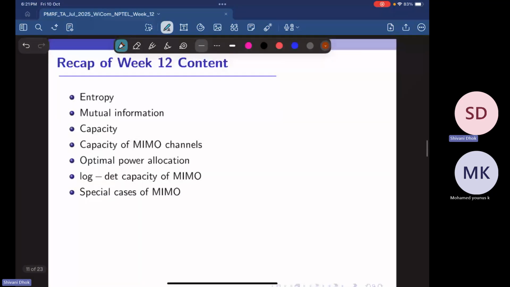But before discussing capacity, we looked at the basic concepts of information theory, which are entropy, mutual information, and capacity. For entropy, the basic definition that we looked at was for the discrete case: if x is a discrete random variable with a finite alphabet, then H of x is simply minus the sum over i equal to 1 to m of p i into log of p i, where p i is the probability of the ith entry.